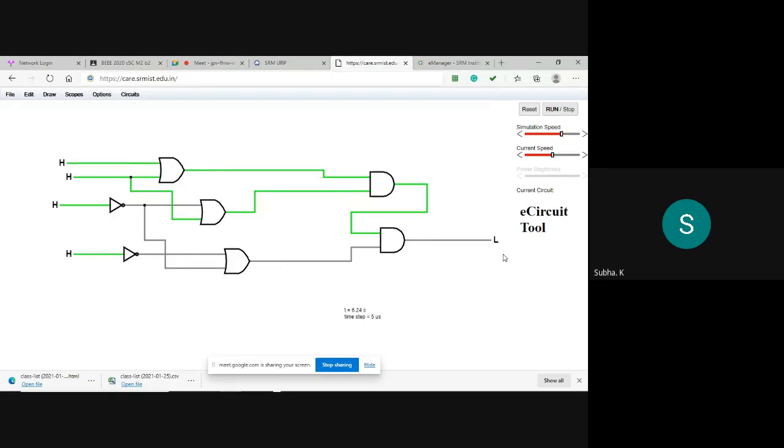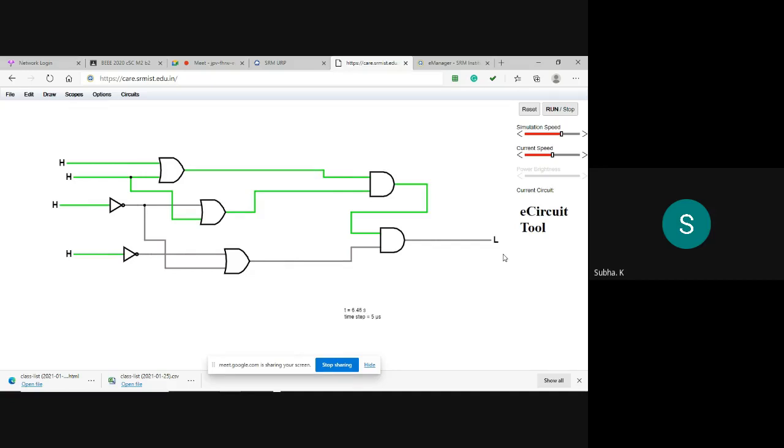The first thing that you have to do is write down the expression, draw the K variable map, simplify the expression, realize that using gates. I have done, then you have to write the truth table, fill the output cell, then check the answer in the E circuit, and out of these 16 combinations, any 5 you have to fix up and paste the circuit in your observation.